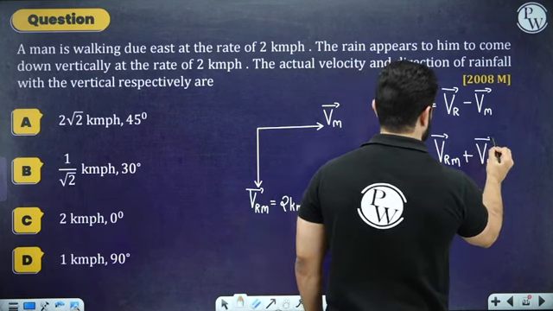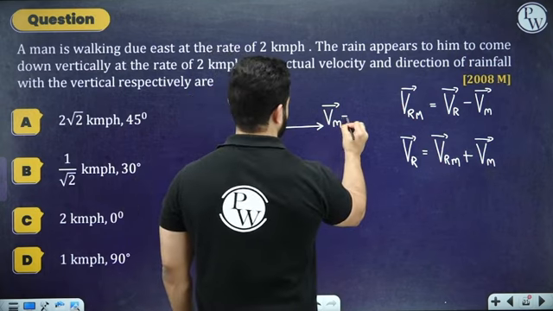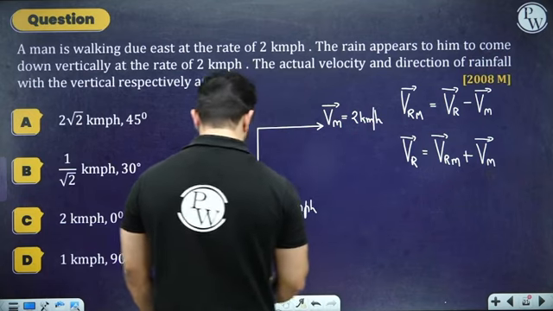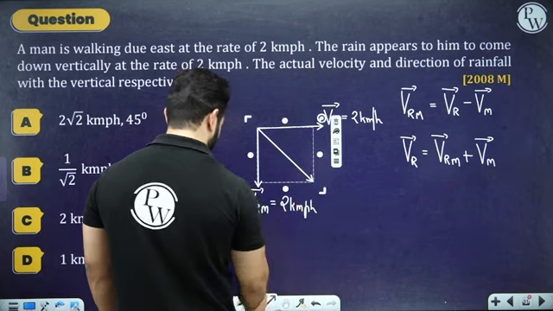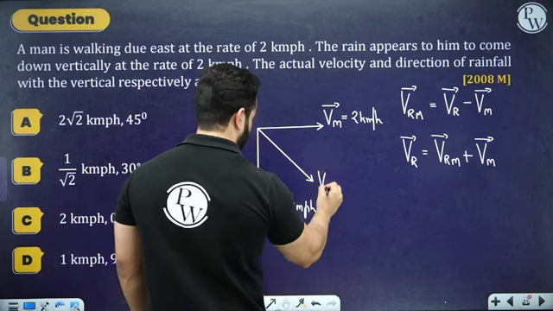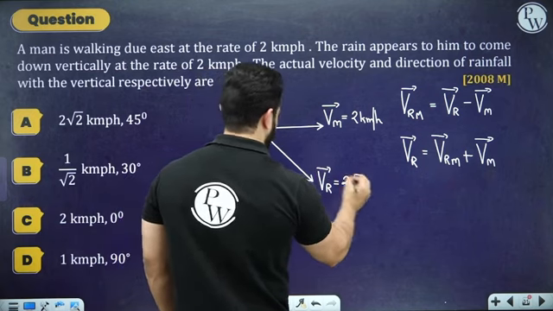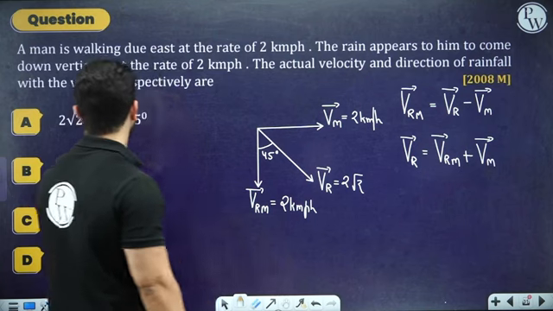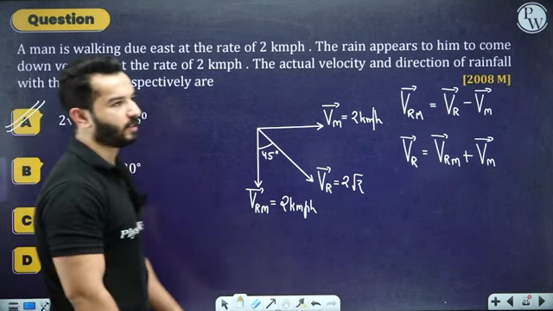That's it. And this is also actually 2 km per hour. So this is going to be the actual velocity of rain, which is 2 root 2 and at an angle of 45 degrees from the vertical. So 2 root 2 and at the angle of 45 degrees from the vertical, right?